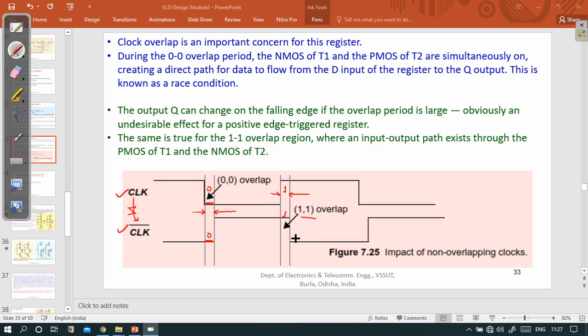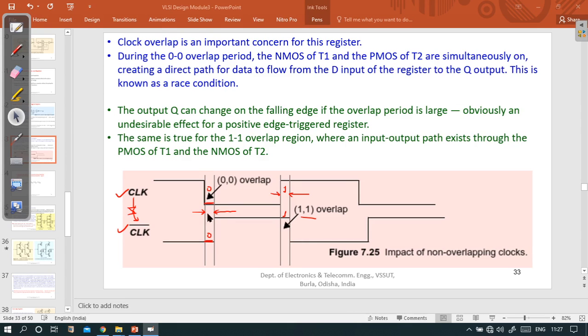These things are not desirable. We do not want them to happen, but they do happen in the circuit. So the circuit should be robust enough to overcome these problems introduced in the clock signal. Let's see what problem it may cause.